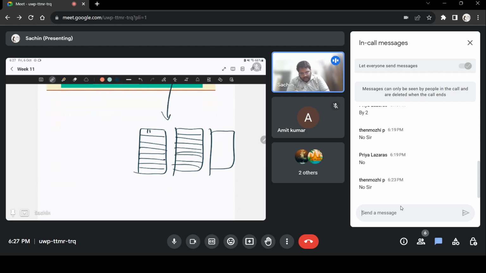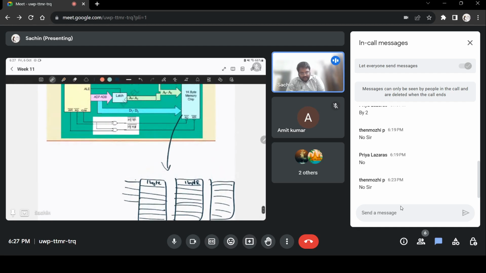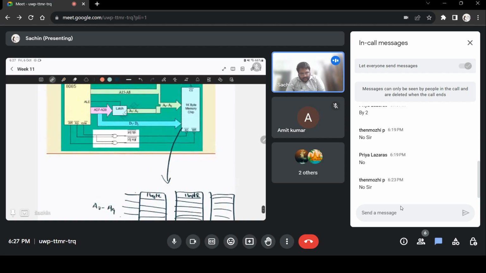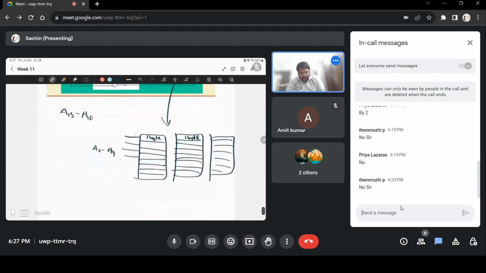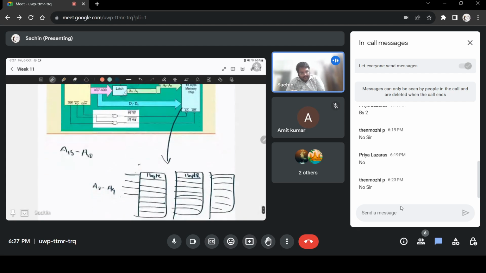Here maybe you could store 1 byte, and then each of these address locations is given by 10 bits from A0 to A9. The rest of the bits, A15 to A10, are used to select which block inside this memory chip that you want to access.